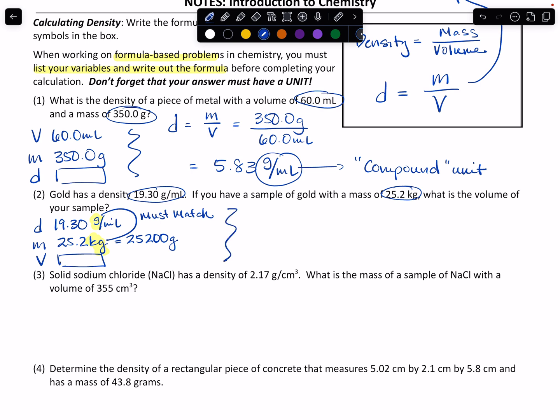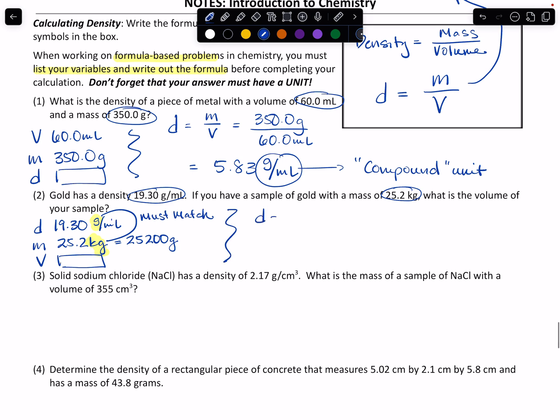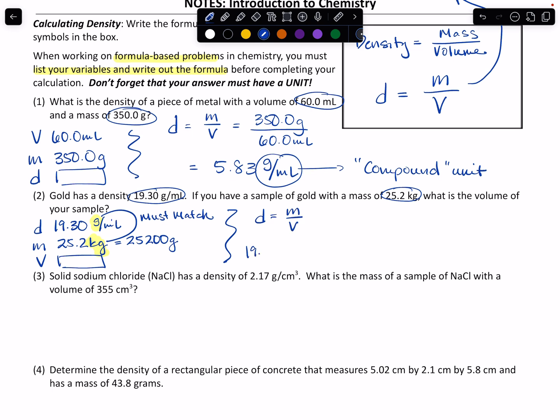So next up, my formula: density is equal to mass divided by volume. So I can plug my numbers in: 19.30 grams per milliliter equals 25,200 grams divided by my unknown volume. So I'm going to need to multiply the volume to both sides to get it out of its denominator.